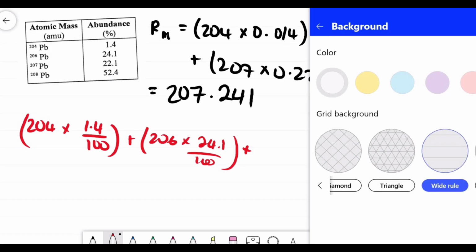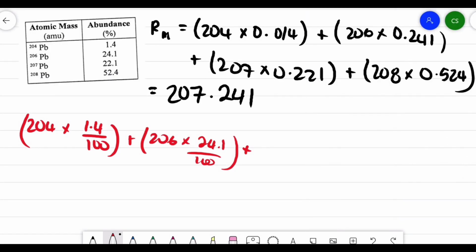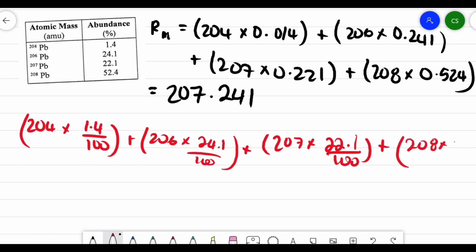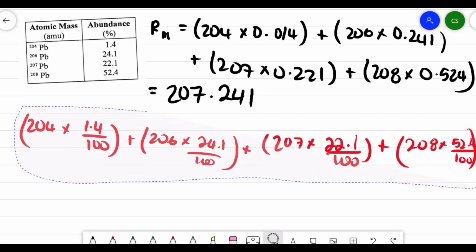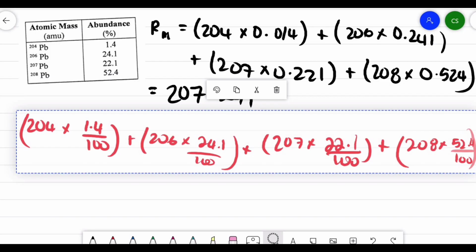Chances are I won't, but it's worth a try. Alright, let me not erase anything, let me just continue. 207 times 22.1 over 100, and add that to 208 times 52.4 over 100. And if you put that into your calculator, you'll get the same answer.